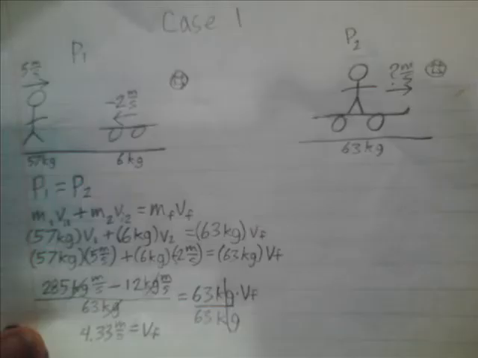We add this to the mass of object 2, 6 kilograms, times the velocity of object 2, negative 2 meters per second, or 2 meters to the left, and when all this is added together, you get the 63 kilograms of object 3, or the combined mass of the two objects, multiplied by the final velocity, which is what we are solving for. Our final velocity for case 1 was 4.33 meters per second.